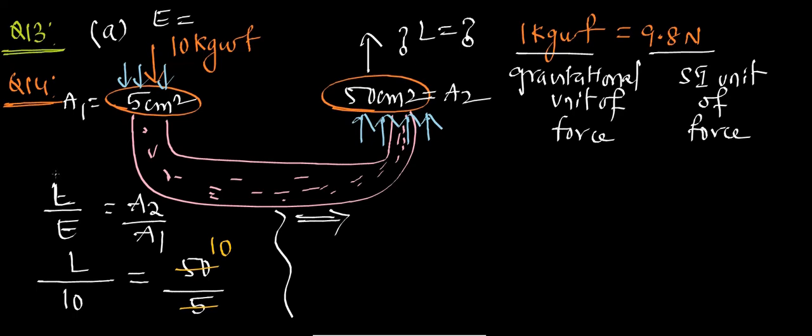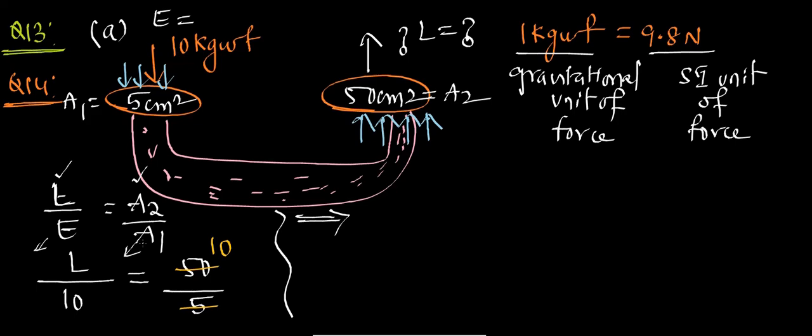So if you take the right side force in the numerator, you have to take the right side area in the numerator. Left side force is effort, so left side area in the denominator. Load side, so area also that side. Load by effort, bigger area by smaller area.